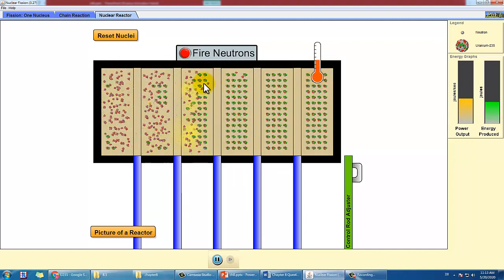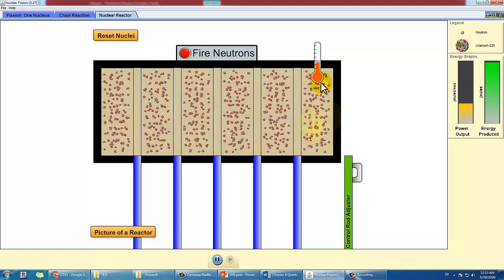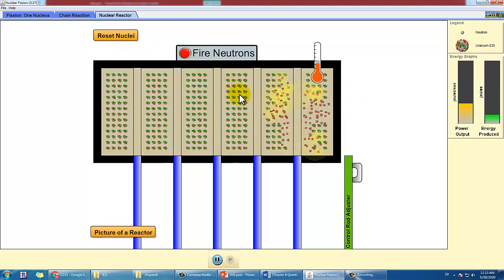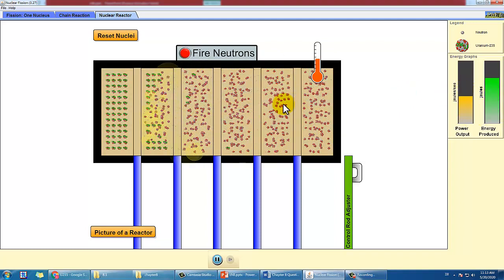And you can also see by the color, and this is a thermometer, that something's wrong or not very good happened. Let's take a look again. So again, it is very satisfying to see all the reaction going onwards. You can see the energy produced and also the power output.